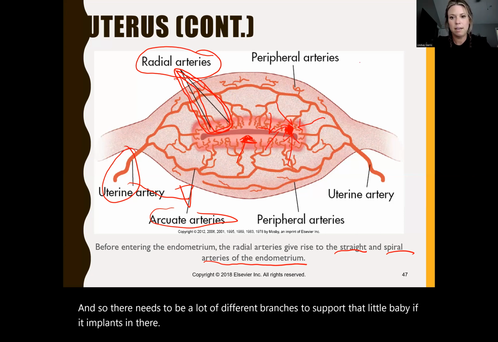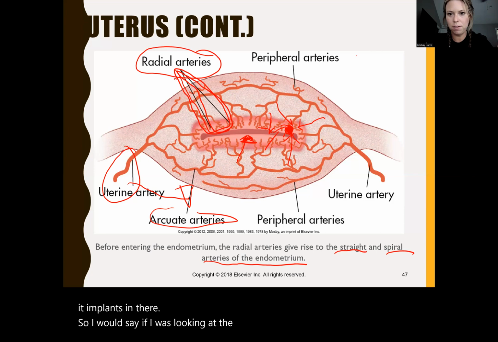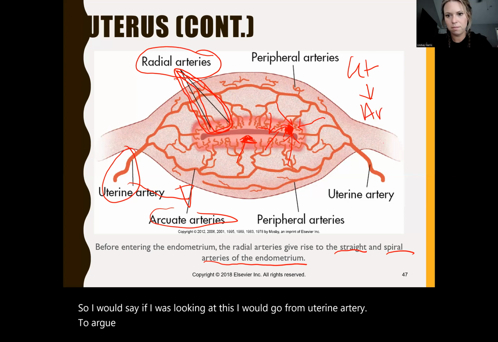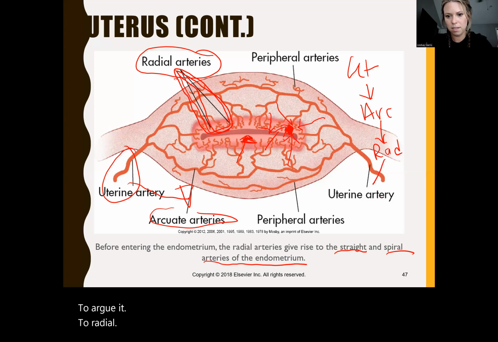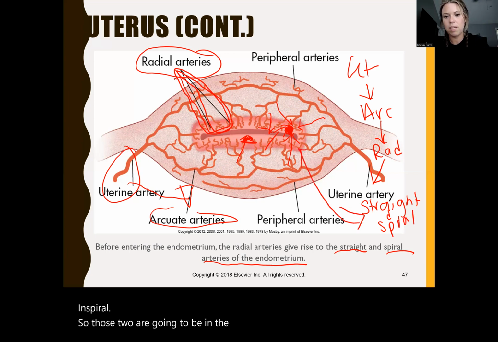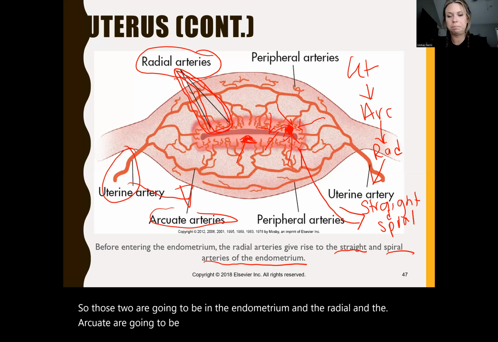So if I was looking at this, I would go from uterine artery to arcuate to radial to straight and spiral. So those two are going to be in the endometrium, and the radial and the arcuate are going to be more in the myometrium.